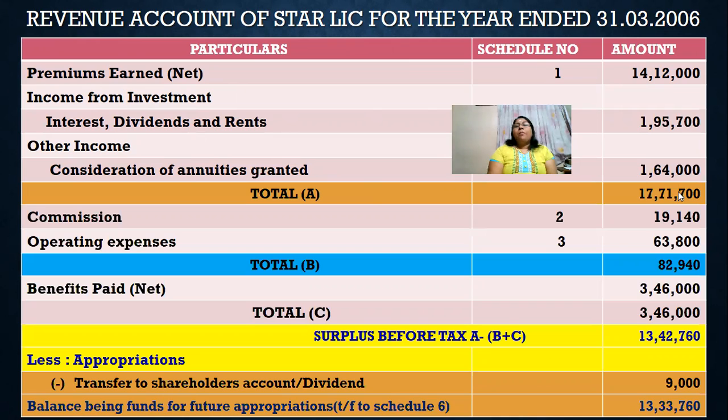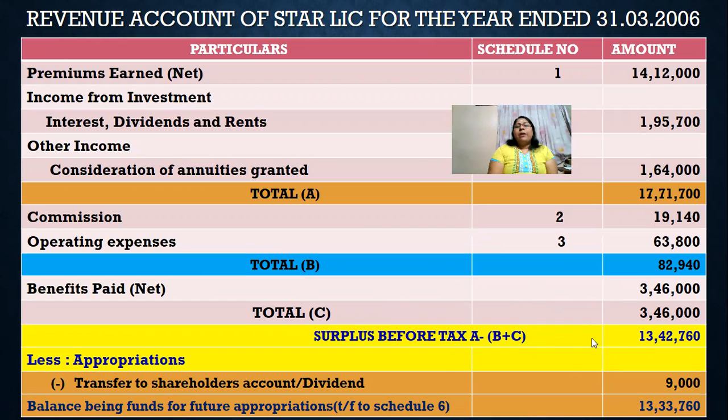So I'll get an idea of what the total A is. And for total B, I need to show schedule numbers 2 and 3, and then get the summation to know total B. And next is total C. Under total C, I need to show benefits paid as schedule number 4, 3,46,000. So I will get the totals A, B, and C. Once I have the totals, I will be able to calculate the surplus.